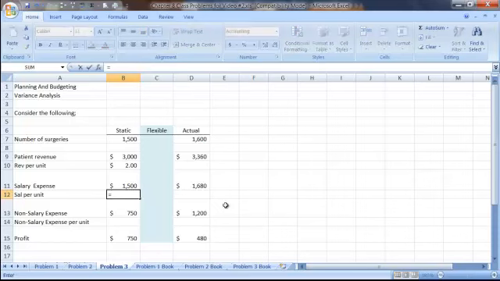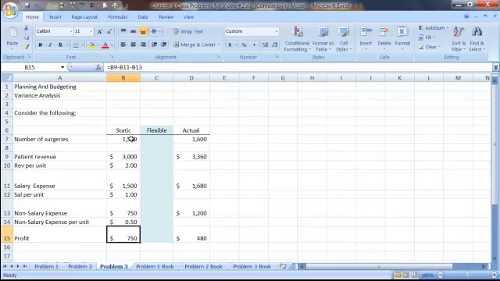So we take the salary divided by the number of surgeries, and it costs $1 per surgery to perform a salary. Now let's do the same thing for non-salary expenses because it's assumed to be variable. We'll take the 750 divided by the number of surgeries. We get 0.5.